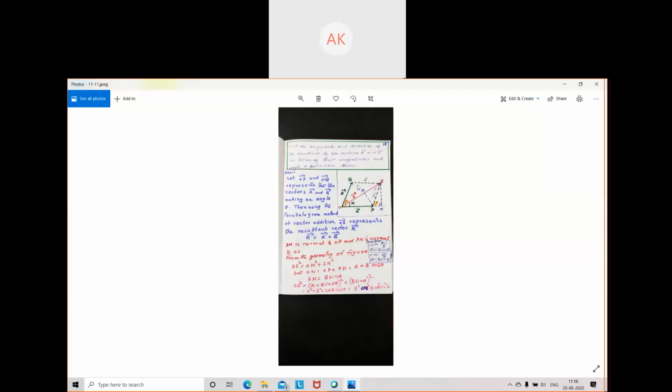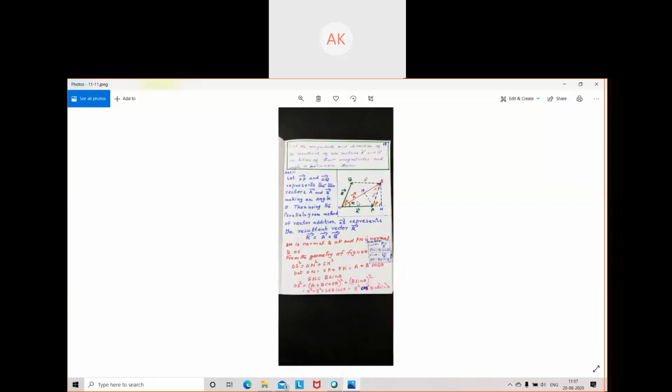Then how will you find the resultant? You just complete the parallelogram. Then the diagonal starting from the joining point of these two vectors will give the resultant. So vector OS will give the resultant of these two vectors.